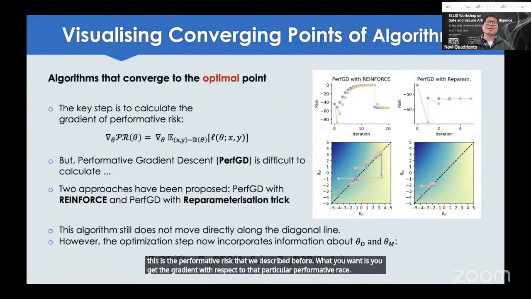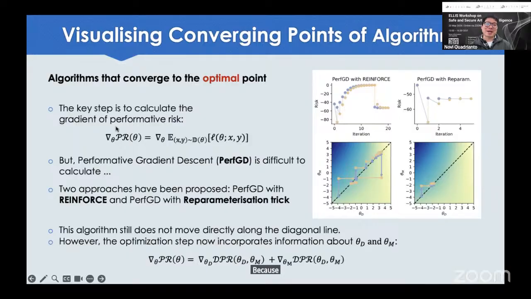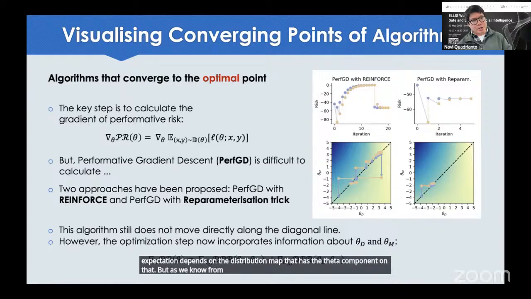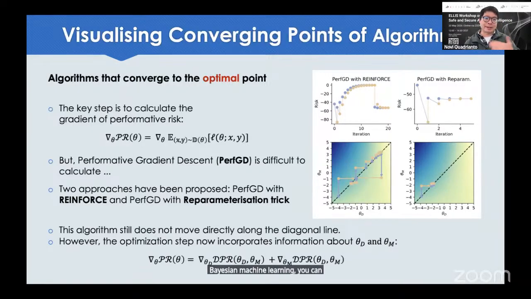But of course, it's not easy, because performative gradient descent, PerfGD, is difficult to calculate: you want to compute the gradient with respect to theta where your expectation depends on the distribution map that has a theta component. But as we know from the literature of Bayesian machine learning, you can use two tricks, which are either REINFORCE or the reparameterization trick.